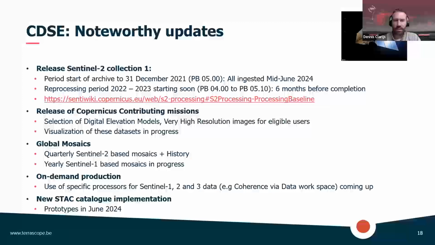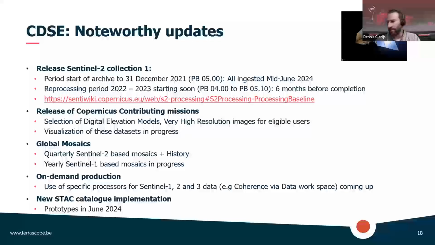Another major thing is the addition of global mosaics. Every quarter there will be a mosaic made for Sentinel-2, and all the previous quarters in the past will also have a quarterly mosaic generated, and there are already some of them there.